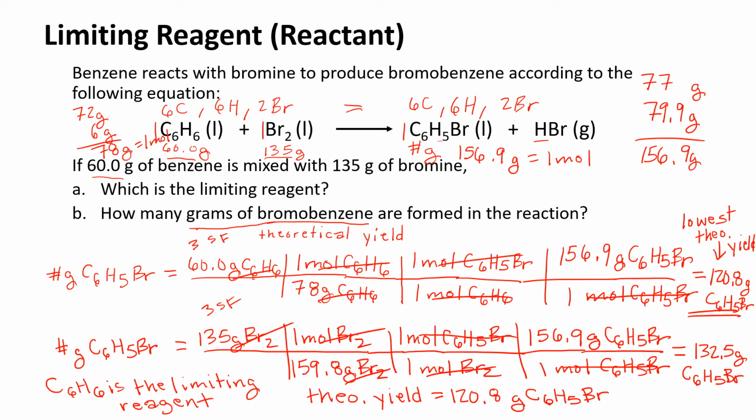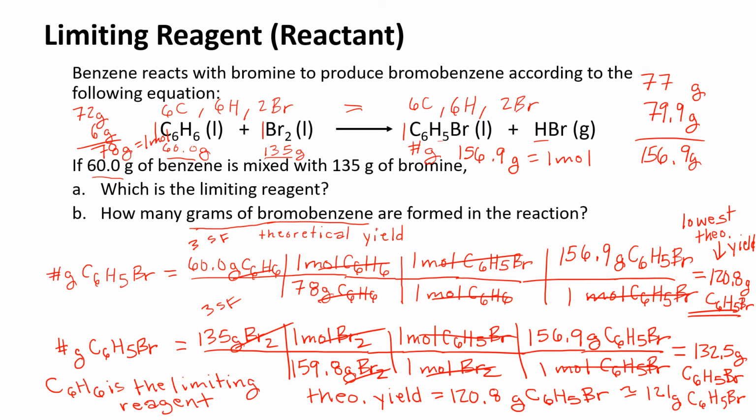I should report this to 3 sig figs, so it's going to be 121 grams of bromobenzene. That's the maximum amount of product I can make based on the limiting reactant. We said the limiting reagent is benzene, and the number of grams of bromobenzene formed from this reaction is 121 grams.